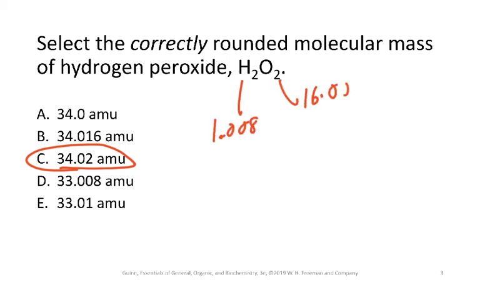This is 16.00. So when we add these up, we're only going to look at two places after the decimal, right? According to our sig fig rules, so we would get 34.016, which is rounded to 34.02.